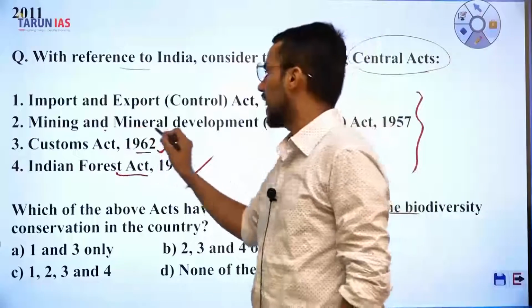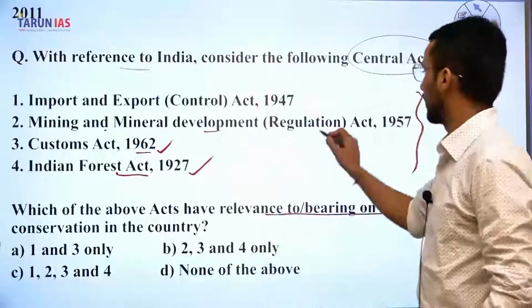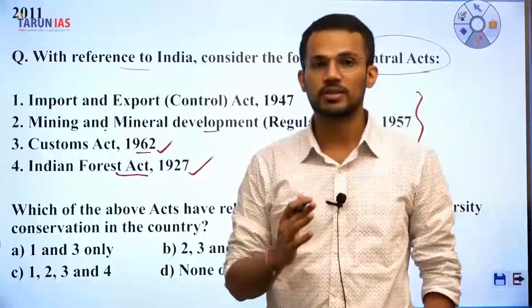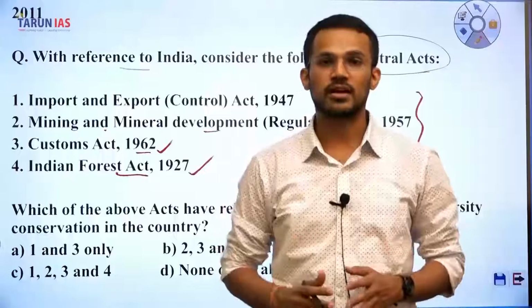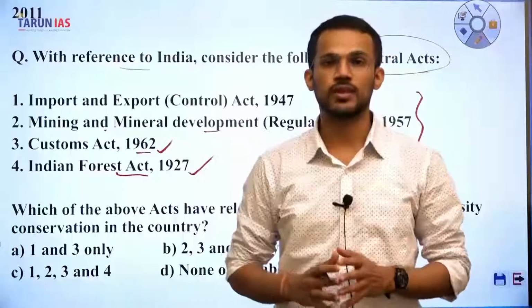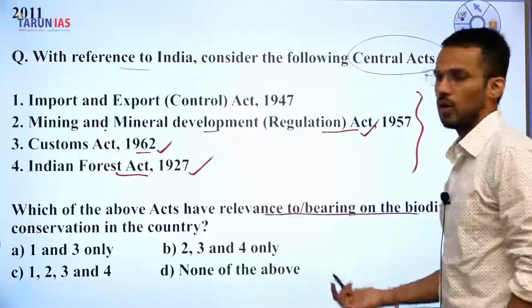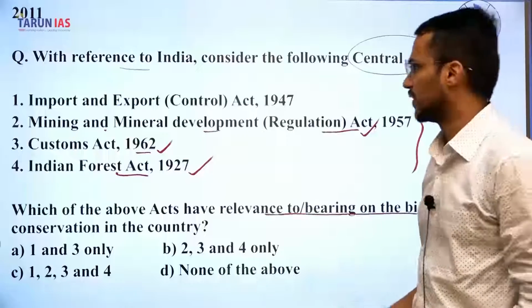Similarly, the Mining and Mineral Development Regulation Act 1957 is also one of the important acts which ensures that biodiversity is conserved in our country, and that's why it also has its bearing on biodiversity conservation.